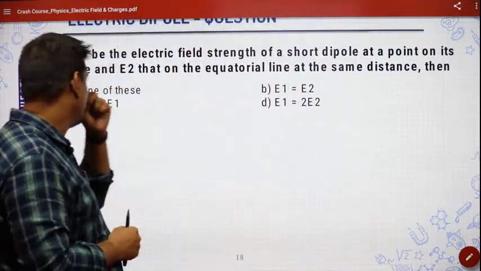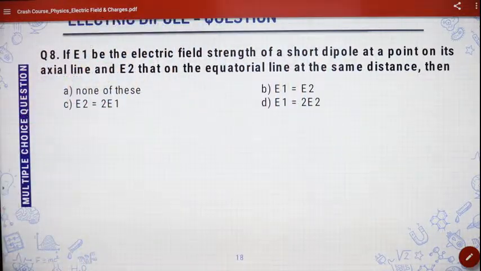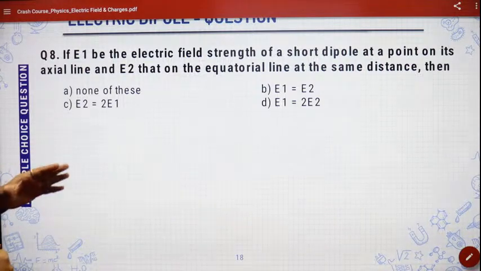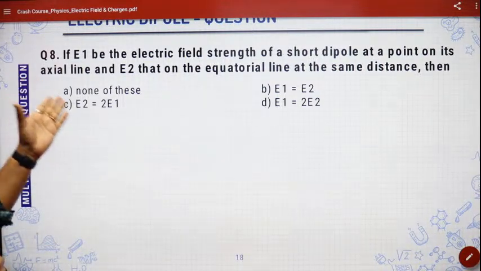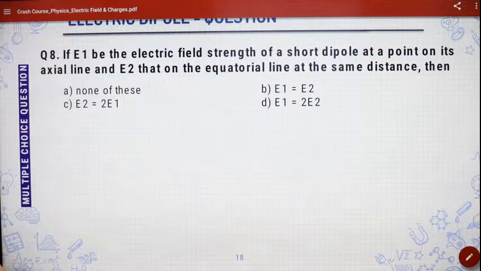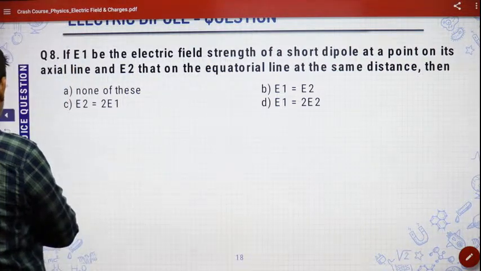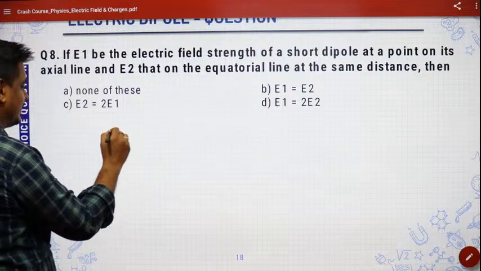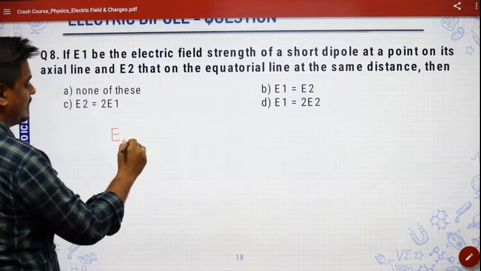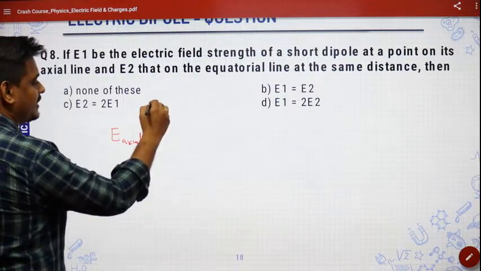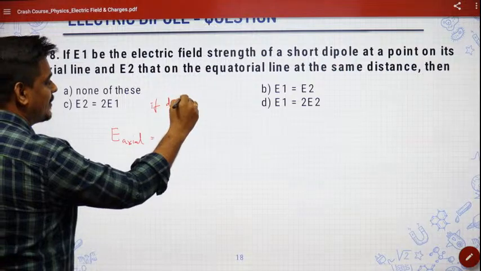Let us come back. If E1 be the electric field strength of a short dipole at a point on its axial line and E2 that on the equatorial line at the same distance, then what? This is a simple question. We know very well the formula, for the condition d very much less than x.